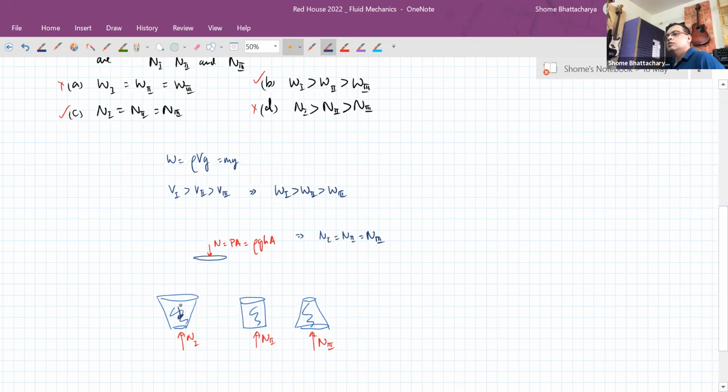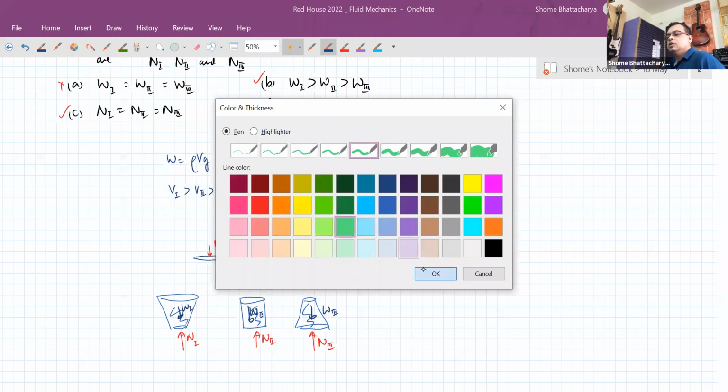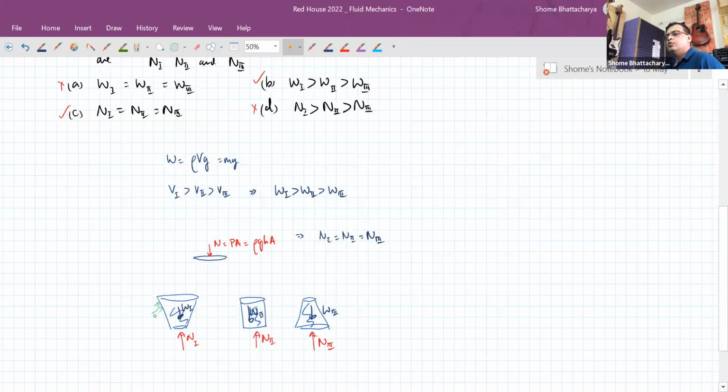And of course, if the weights are like this, but now you also have to understand that as far as the side walls are concerned, in this case, the side walls are applying force due to pressure like this. So there is some net force, let's say F, that is acting because of the side walls. This is the net force.